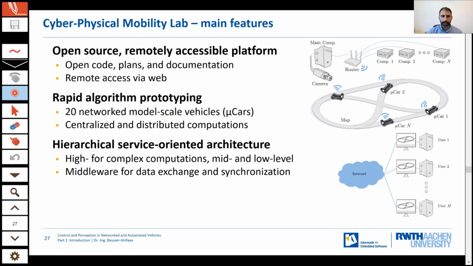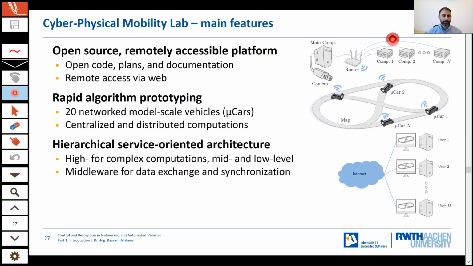So we have a microcontroller, as maybe you know from the BSP in the second or third term in computer science. A mid-level also mounted on the vehicle is a Raspberry Pi Zero. Our low-level microcontroller is an Atmega. And the high-level computations, the more complicated computations, let's say the optimization-based algorithms, run on the high-level computers, on the external computers, which are logically on the vehicles, but physically separated from the vehicles. Also due to the weight, because we cannot have them on the vehicles.